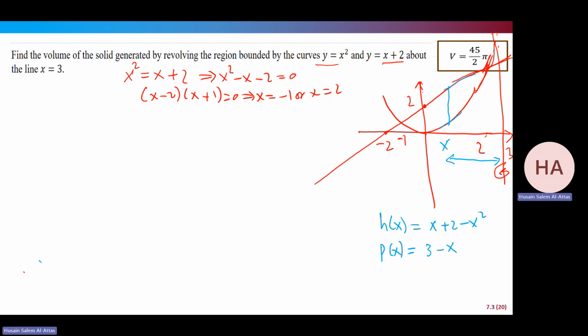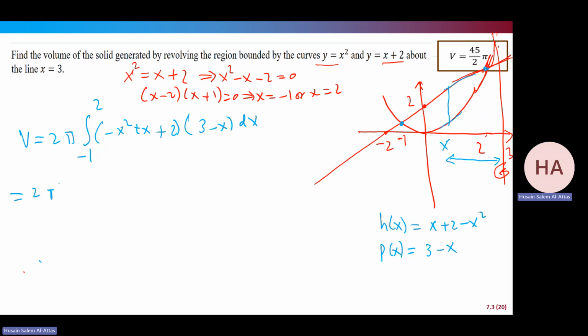So the volume, from where to where? From x equals -1 to x equals 2. So the volume will be 2π times the integral from -1 to 2 of this product, minus x squared plus x plus 2, times 3 minus x dx.